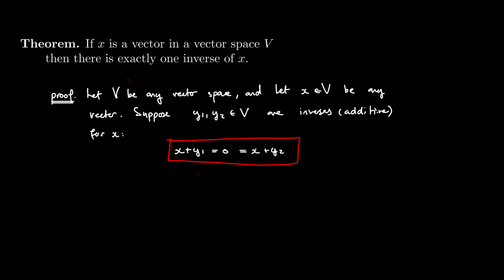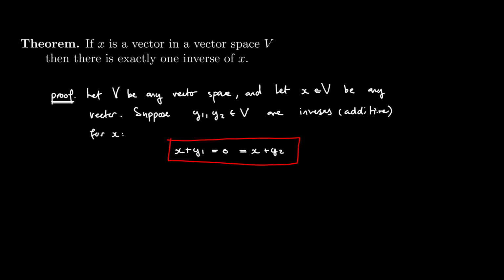Now from this, how could I get that y1 is equal to y2? Really, that's our objective. We have two inverses, and we want to show that they should be equal. That would then show that in any vector space, there's only one inverse to any element x.